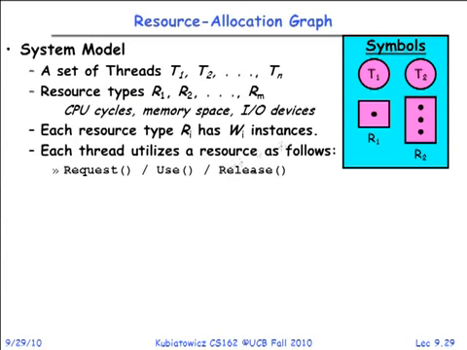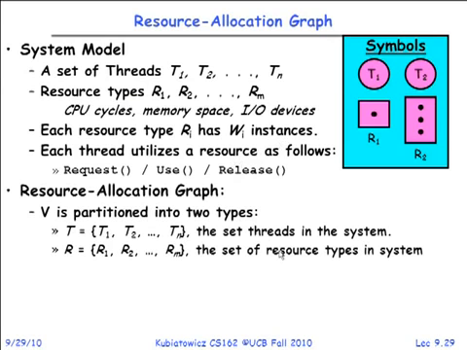And so what does a graph look like? Well, the graph itself is partitioned into two types of nodes. T is the set of threads in the system. R is the set of resources. A request edge is an edge between a thread and a resource, which means that thread I in this case is requesting resource J. And there's an assignment edge which says that resource J is owned by thread I in this case.